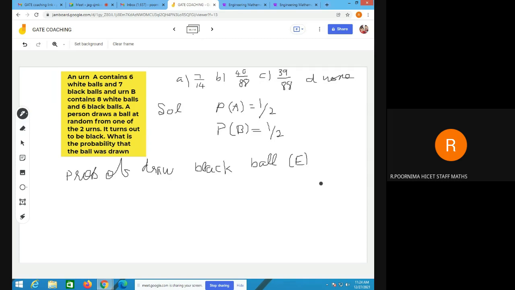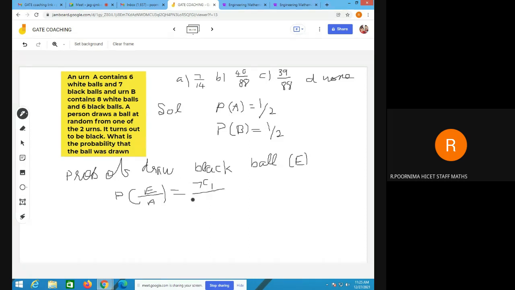Now we have to select a black ball from urn A. Event E means it is a black ball. We are selecting a ball from urn A that turned out to be black. That is called P of E given A. How many black balls are there in urn A? 7 black balls, so 7C1, we are taking only one ball.